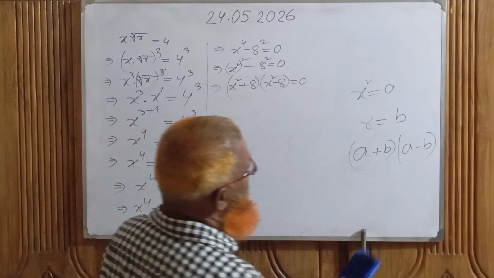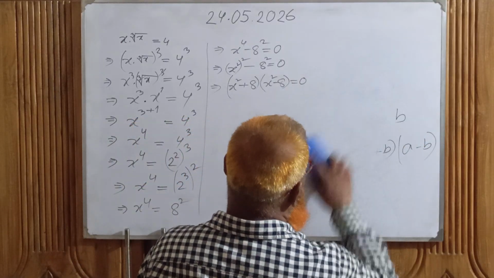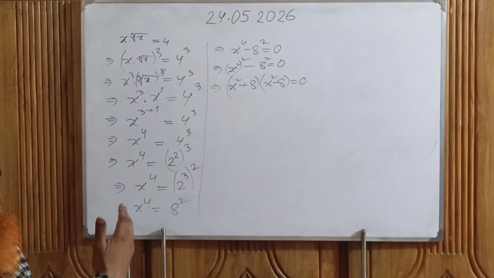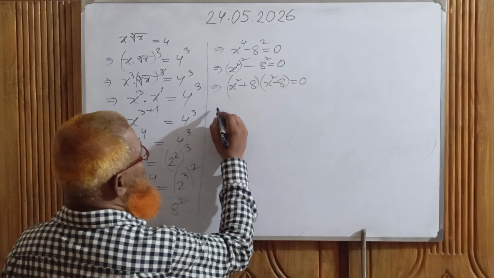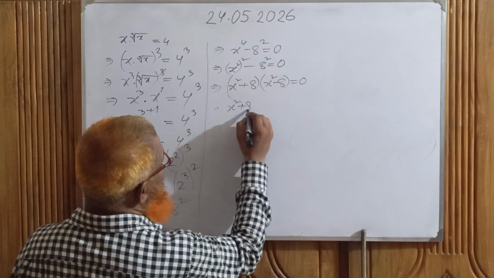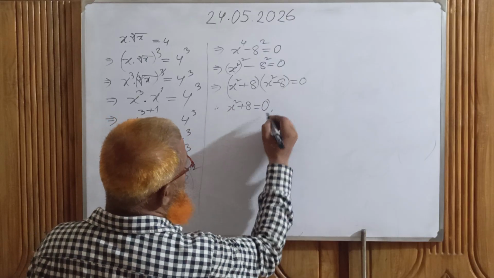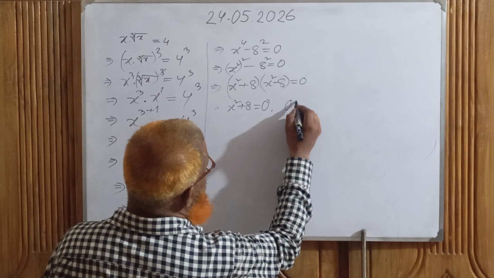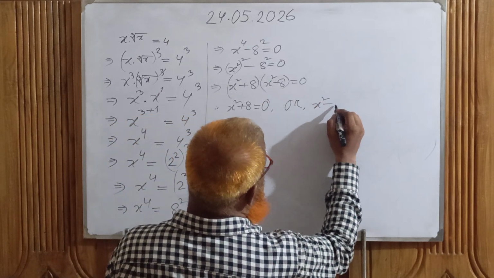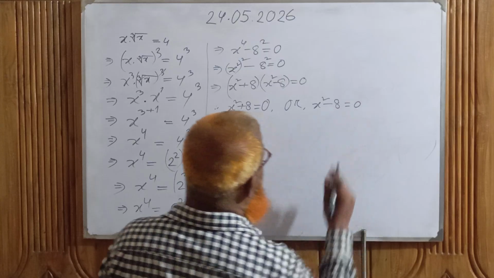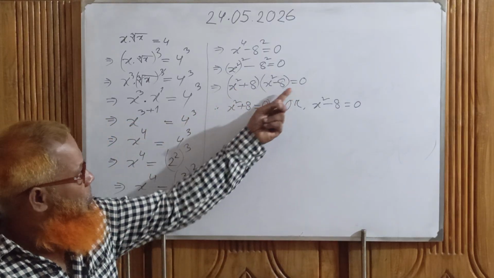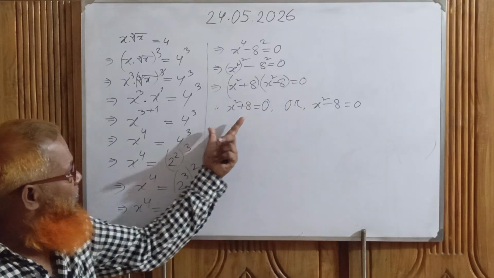What can we do next? This is a very simple and easy system. So x square plus 8 equals 0, or x square minus 8 equals 0.